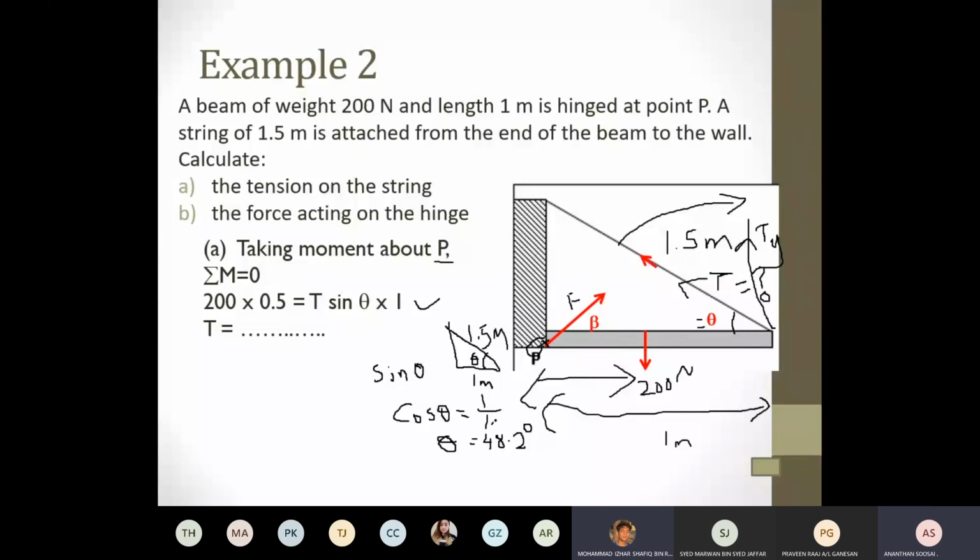What will theta be? 48.2 degrees. So the theta you know is 48.2. Substitute theta as 48.2, then you can find the tension. Anyone? What tension did you get?